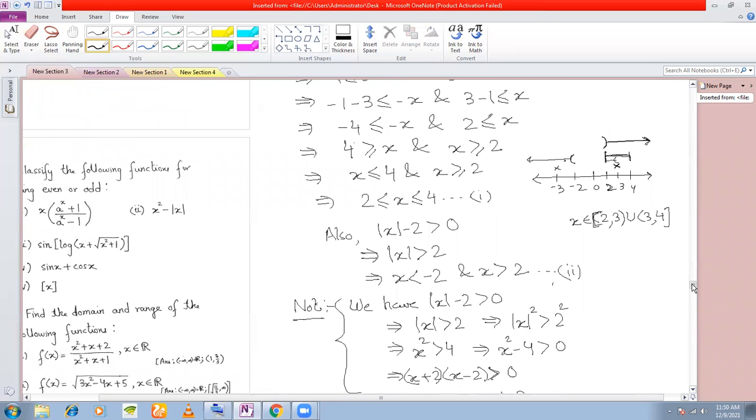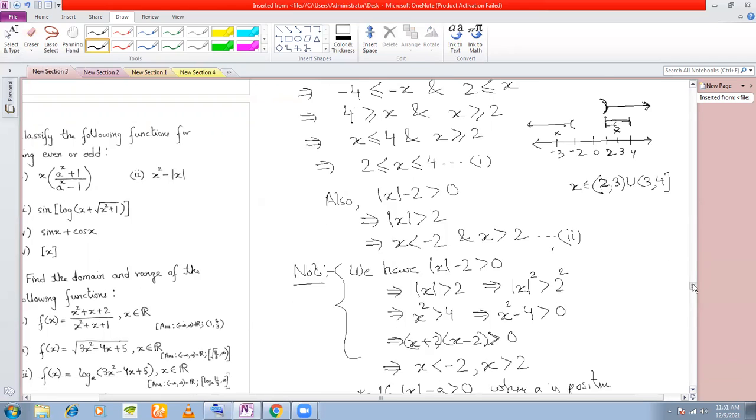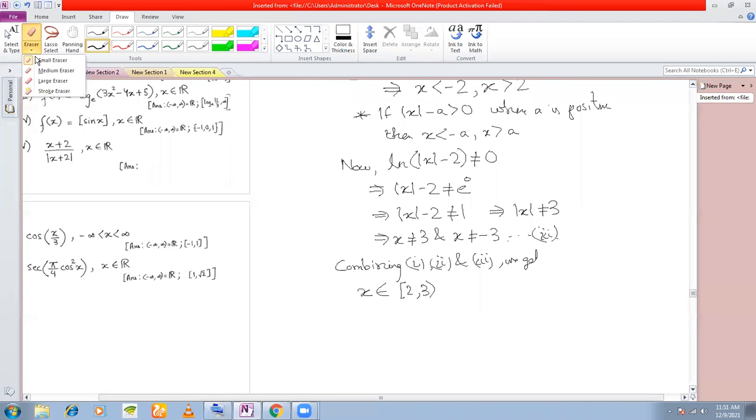Can it take x, no, it cannot take the value 2 because you have a curve here also. Okay, so x cannot be. So this bracket should not be a box bracket. This should be a parenthesis. This is an open interval. Okay, so this should also be an open interval. X belongs to 2, 3, union 3 and 4 because it can take the value 4.